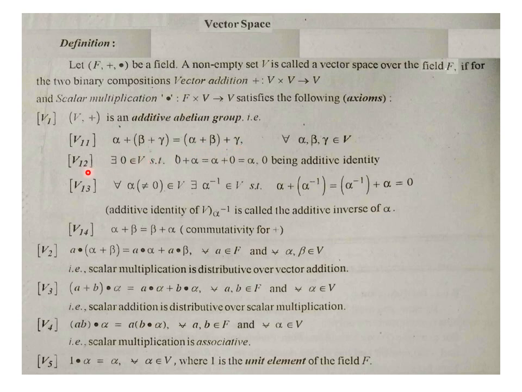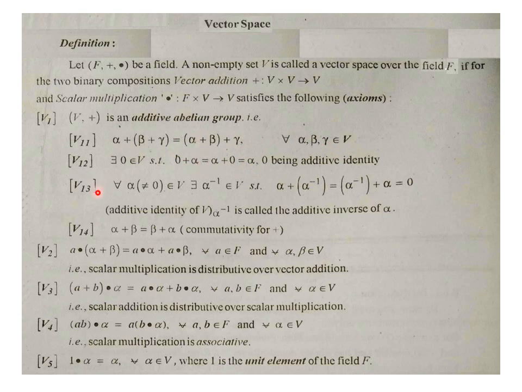Then the second one, additive identity 0 for vector V, that is 0 belongs to V such that if we add 0 and alpha together, or alpha and 0 together, meaning 0 plus alpha or alpha plus 0, in both cases the result must come as alpha, where alpha is any element of V. It means 0 is not having any effect in addition, that's why it's the additive identity for vector V. So up to this, for V11 and V12, we are talking about cases of vector V only, all these properties for set V only.